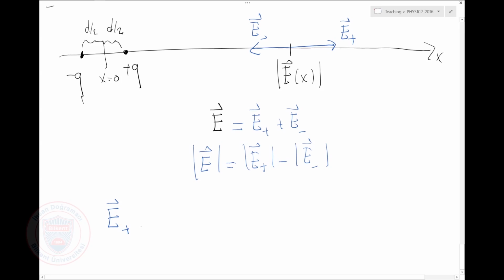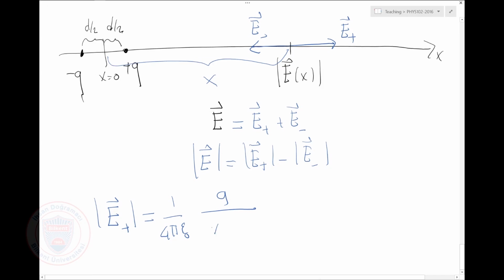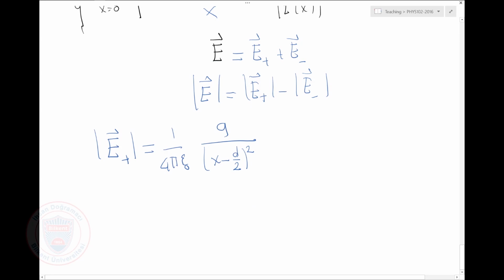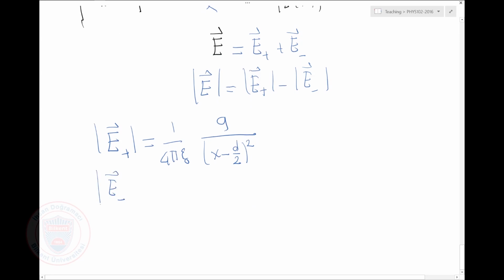Now, what's the magnitude of E plus? Well, 1 over 4 pi epsilon 0 Q divided by, if the distance here is x, the distance between plus charge and the observation point is x minus d over 2, squared. How about E minus? 1 over 4 pi epsilon 0.